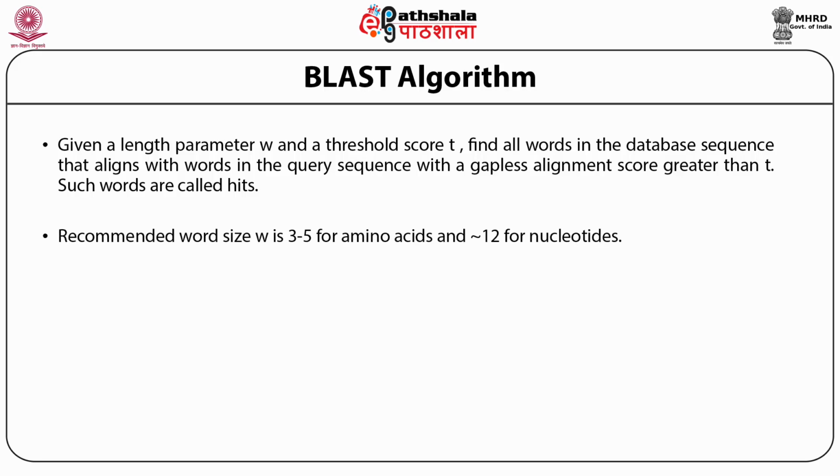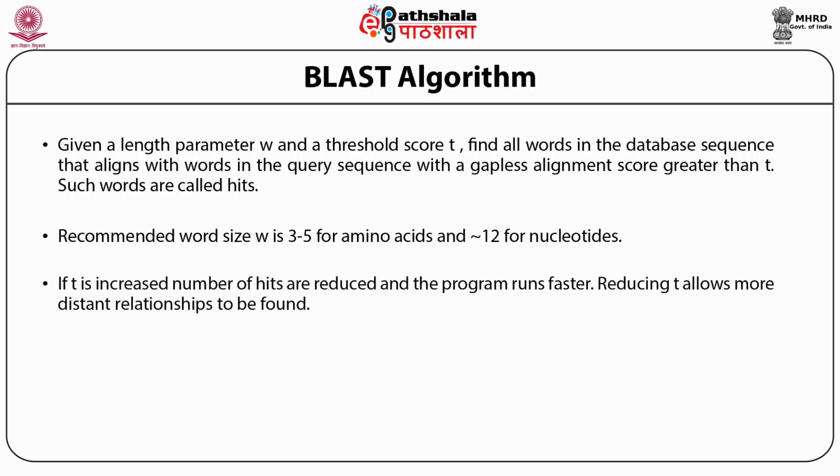Now why is it smaller for amino acids? Because there being 20 amino acids, even with a length of 3, that's just a tripeptide, the chance of getting a random match with that tripeptide is 1 in 8,000. But for DNA, if we use a word of length 3, the chance of a random match is just 1 in 64. So you increase the length, going up to around 12, thereby reducing this chance.